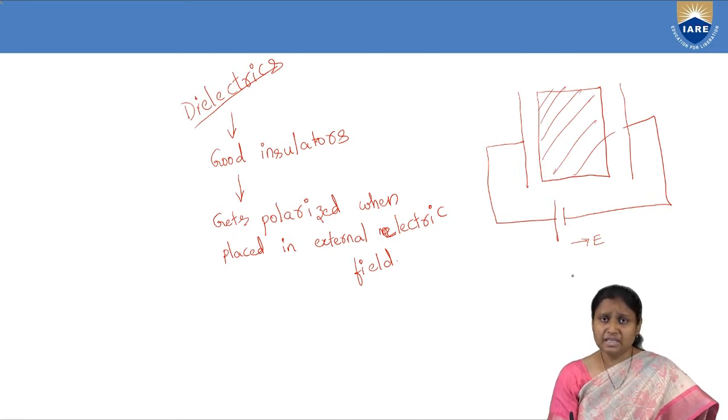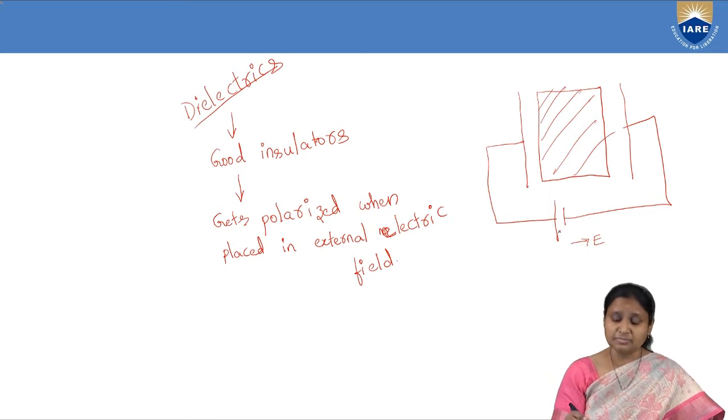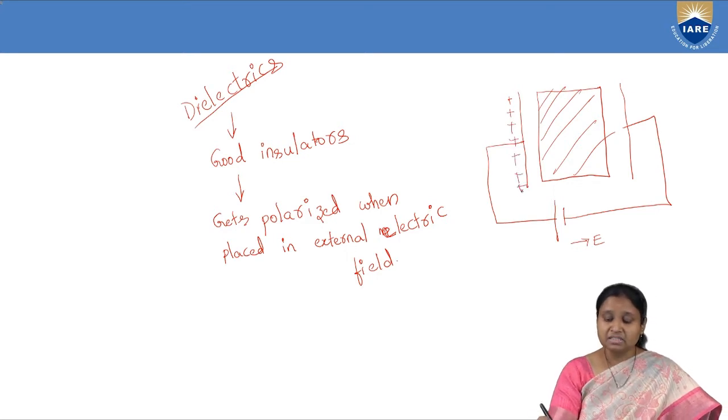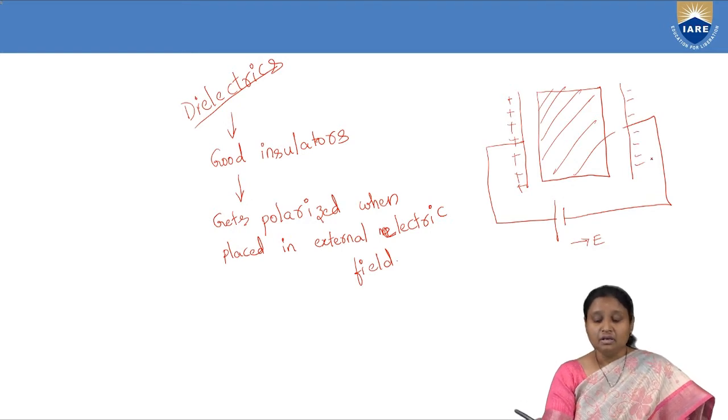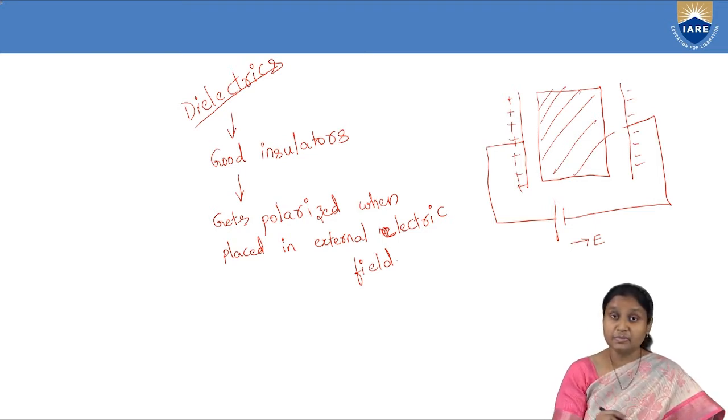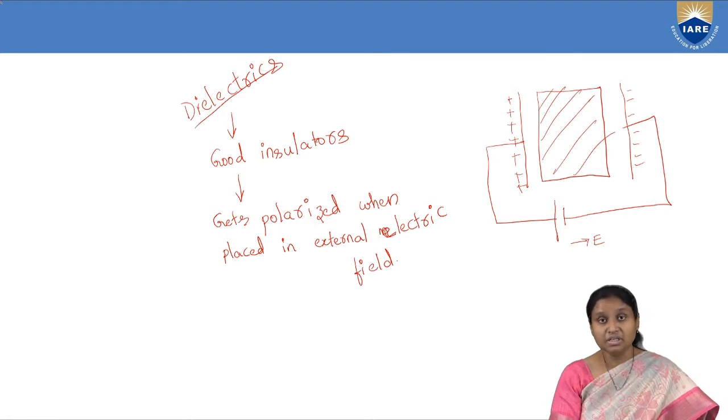Now, once we apply the electric field, first we observe that on the surface of the capacitor plates, this plate becomes positively charged, whereas this plate becomes negatively charged. Because of the effect of these charges on the capacitor plates, there will be separation of charges within the dielectric material.